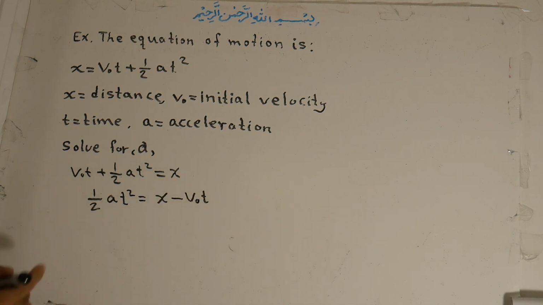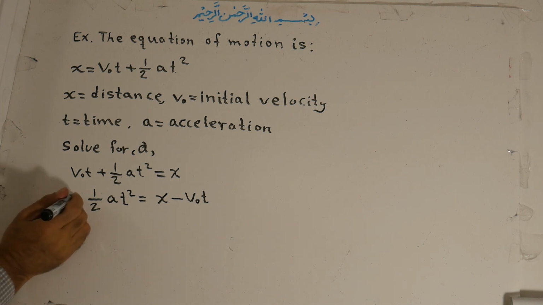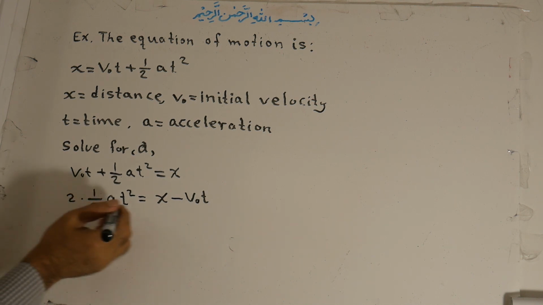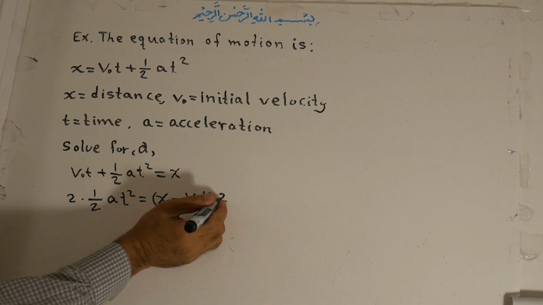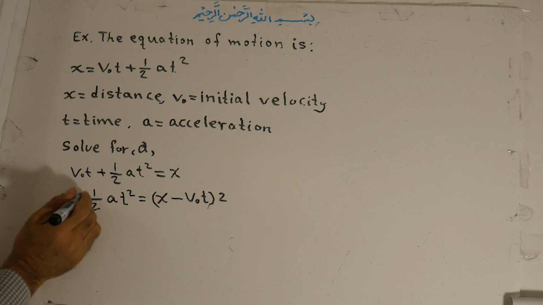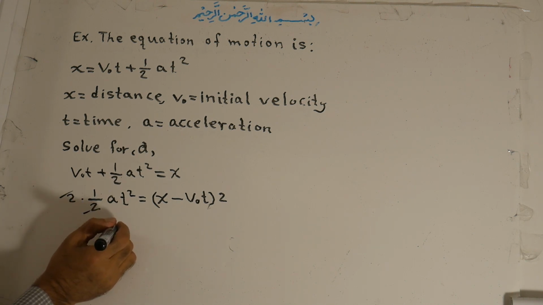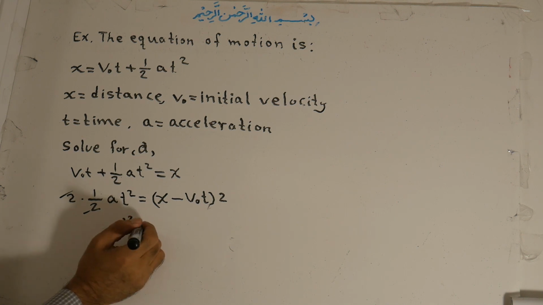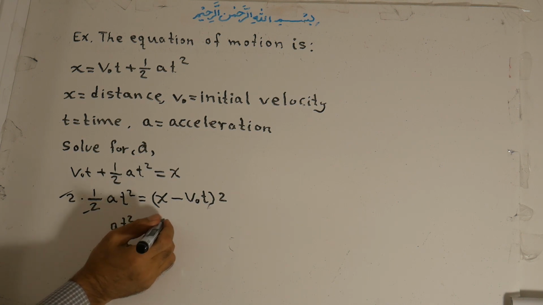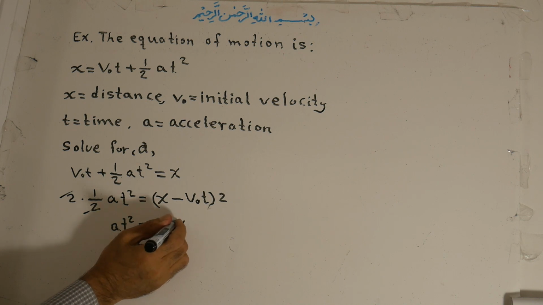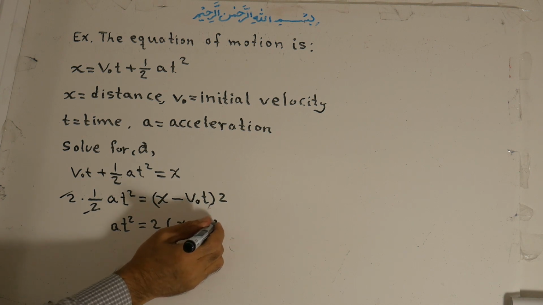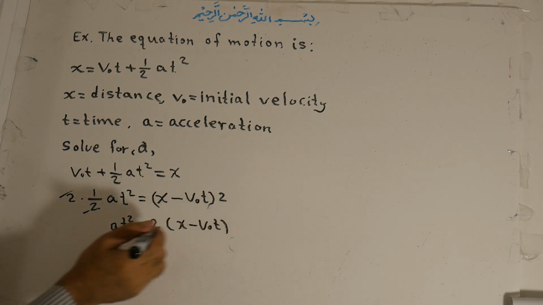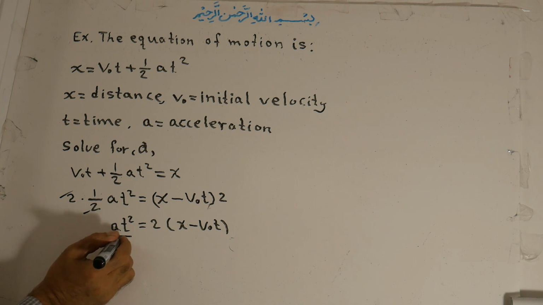Now, to remove 1 over 2 from here, we multiply both sides by 2. Now 2 cancels with 2, at squared is equal to 2x minus V0t. Now what do we do? Divide both sides by t squared.